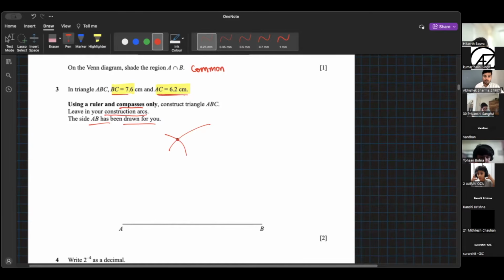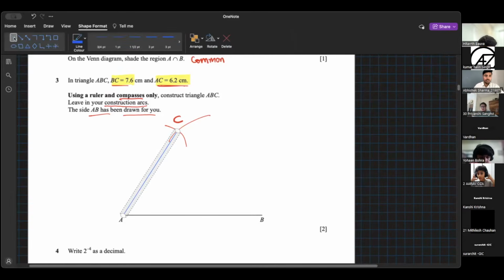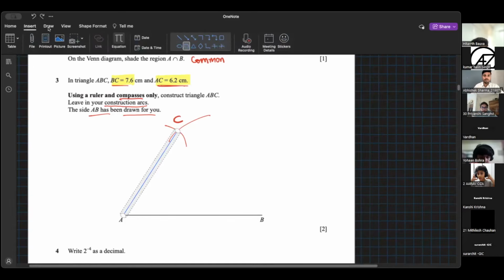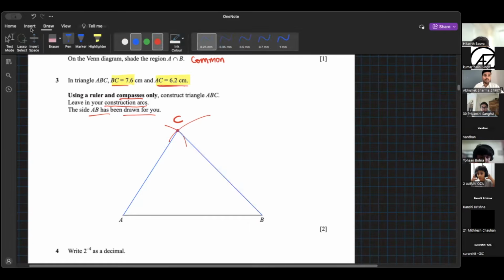Now this point of intersection will be your point C, and join them from A to C, and then from B to C. So AC will be 6.2 centimeters and BC will be 7.6 centimeters.